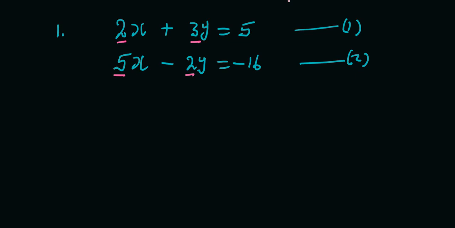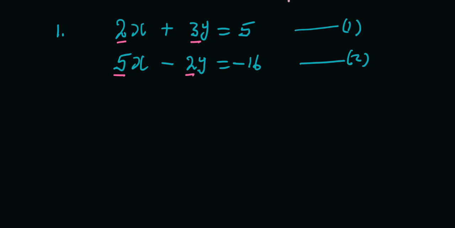But in this question, we are considering making the coefficient of x equal. The coefficients of x in equation 1 and equation 2 are 2 and 5. So now think of the common multiple of 2 and 5. The common multiple of 2 and 5 is 10.